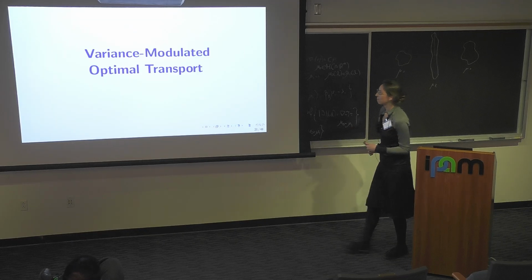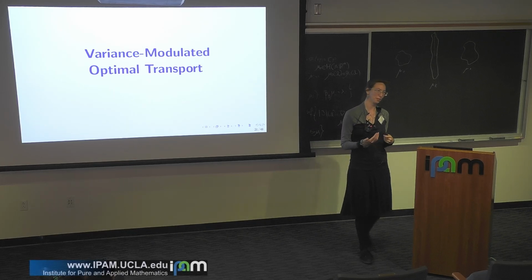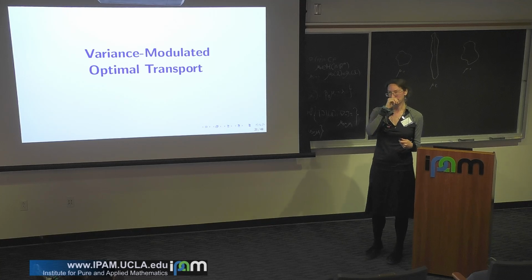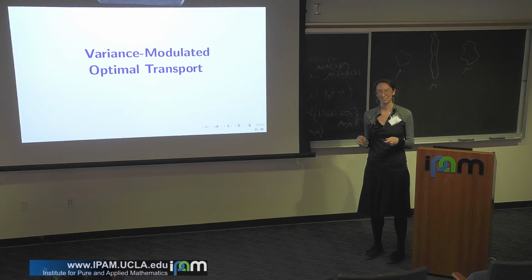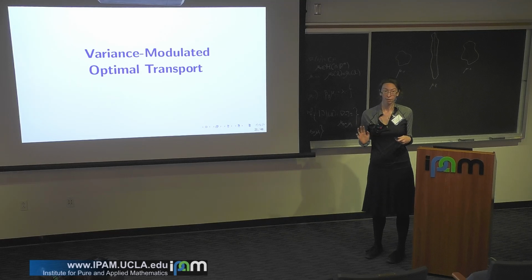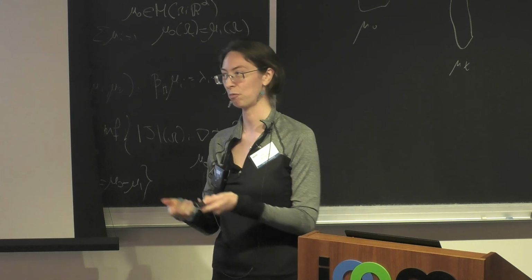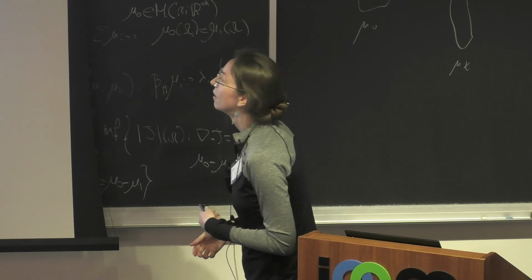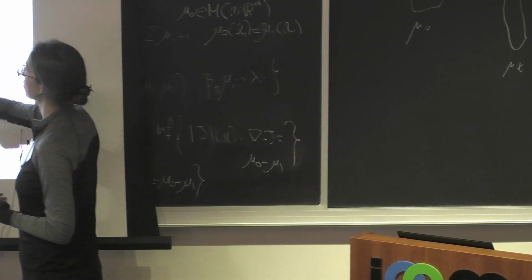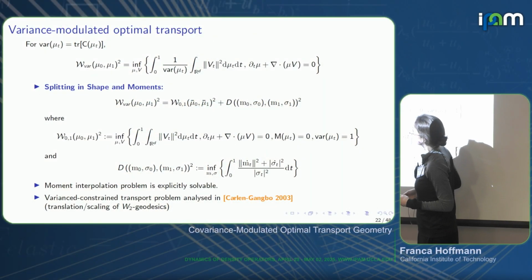Great. Okay, I want to briefly mention something about variance-modulated optimal transport, because this relates to the work by Eric and Wilfried that I mentioned. So you can do the exact same thing by putting a variance there instead of a covariance. So instead of putting a matrix, you put a scalar. So here's the metric that you get. Call it variance-modulated optimal transport.